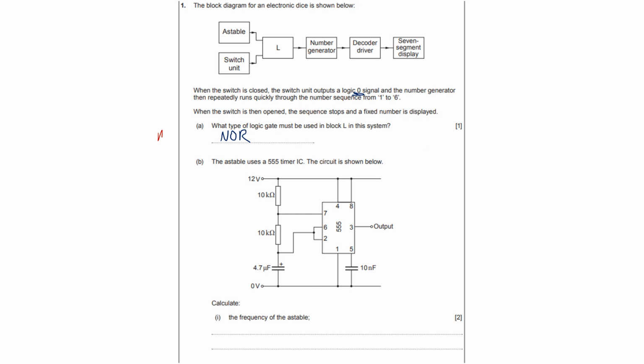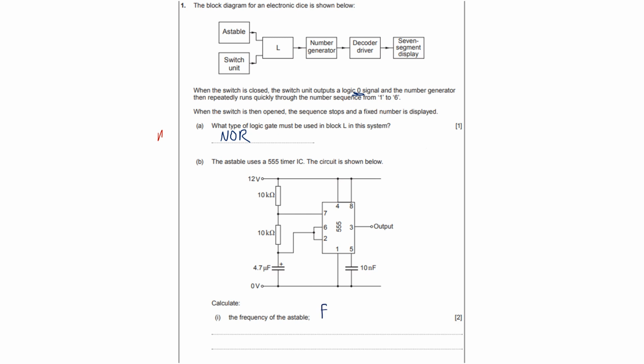Question 2, astable. On the data sheet you have an equation for the high time TH, the low time TL, and the frequency, which basically puts TH and TL together, but the examiner's done that for you, so it's quite easy.